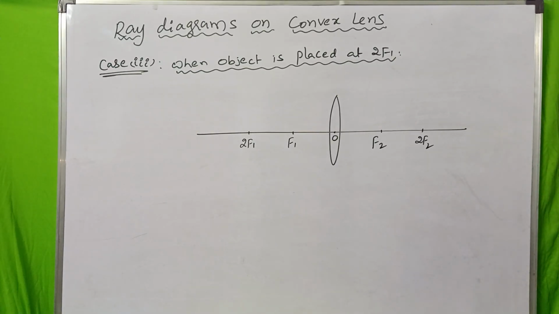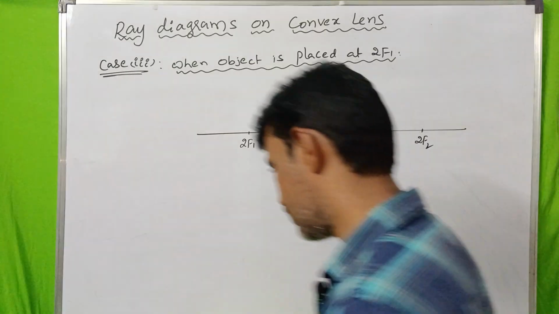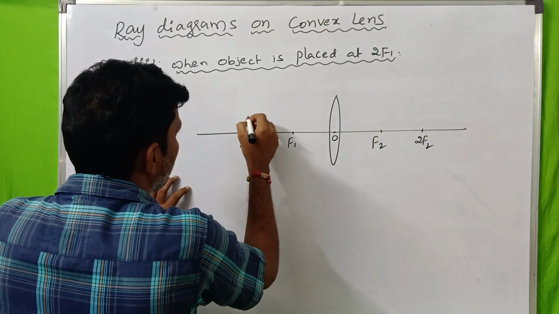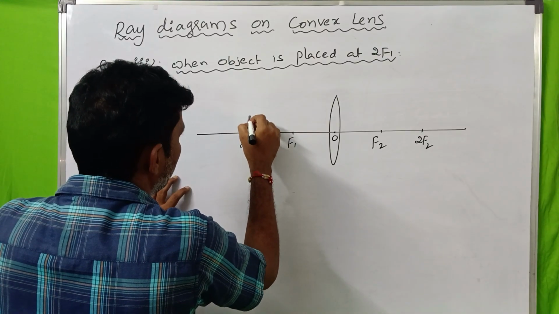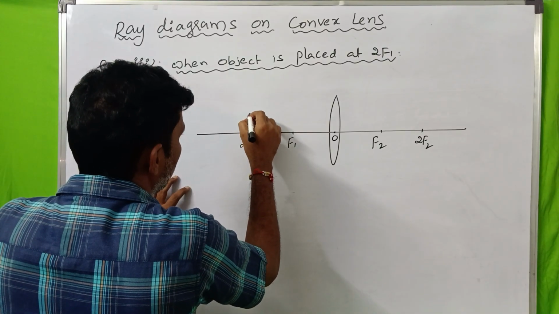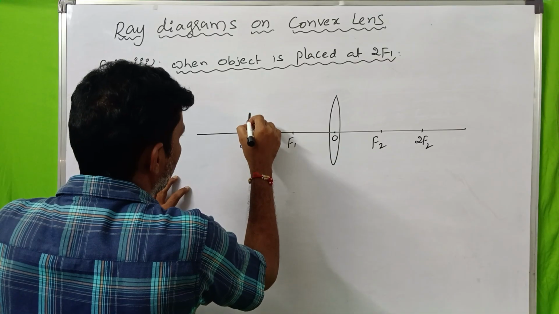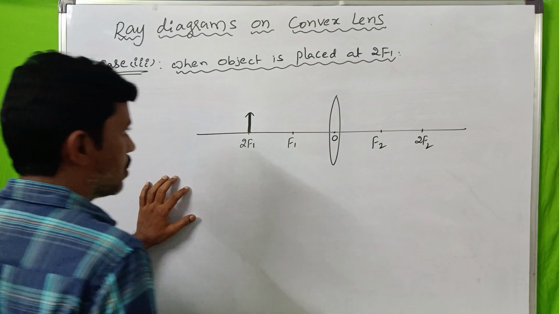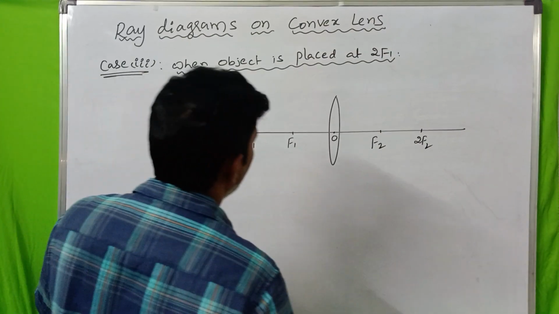Done. So the object is placed at 2F1, means here. This is the object placed at exactly 2F1.